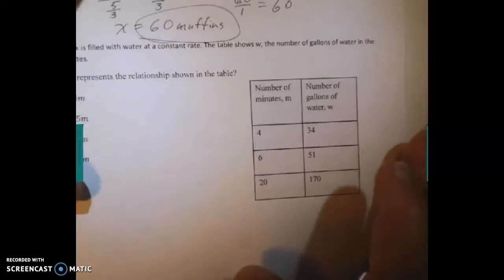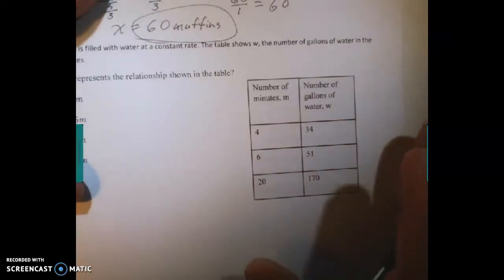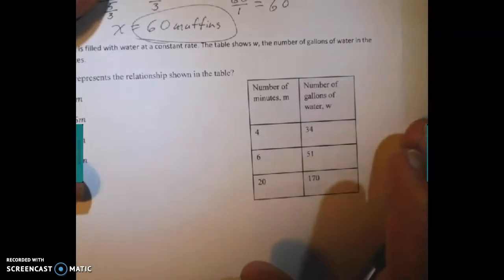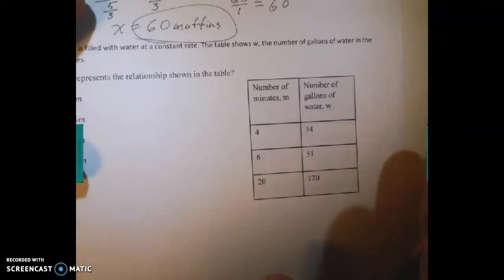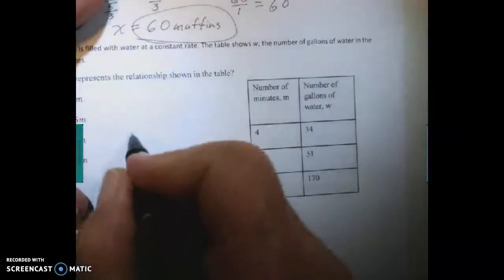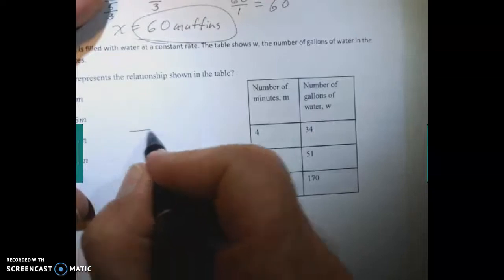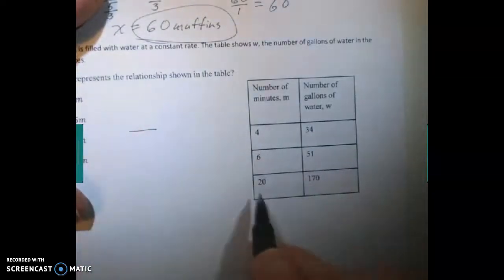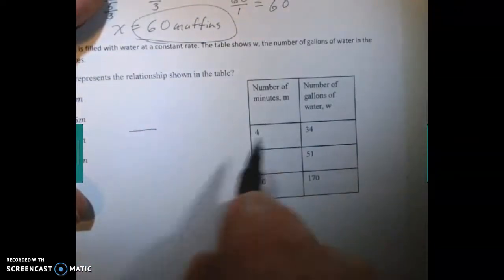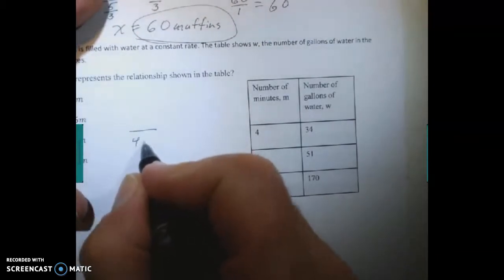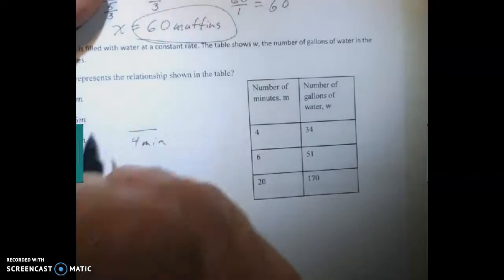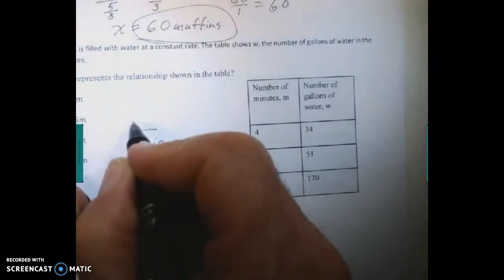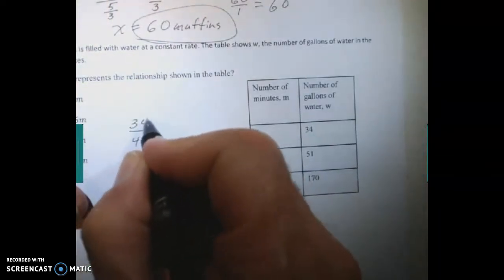To write an equation, again, first thing you need is a unit rate. Time is normally the independent variable, so we are going to put it on the bottom. Any of these will work. I'm going to go ahead and use this one. 4 minutes. In 4 minutes, you're filling up 34 gallons.